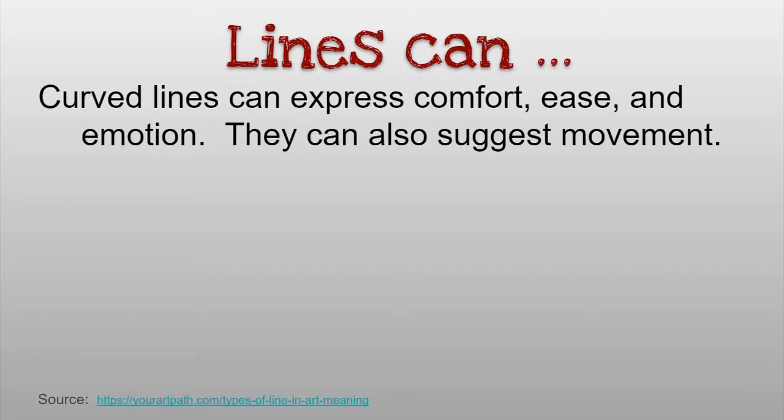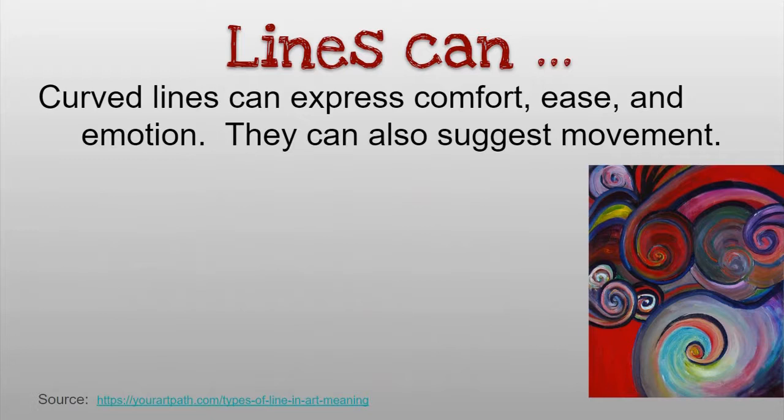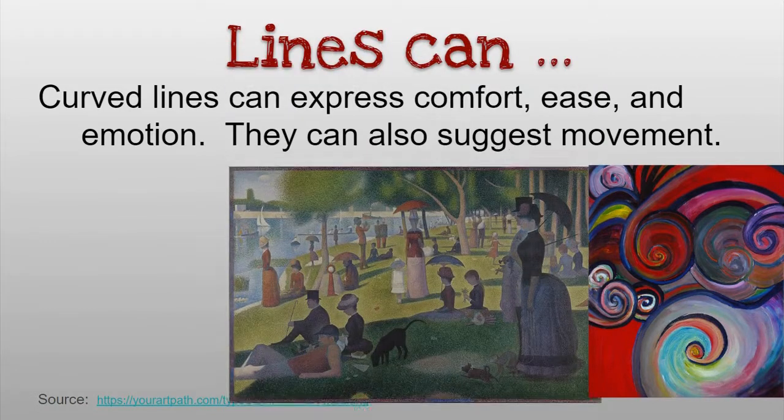Curved lines can express comfort, ease, and emotion. They can also suggest movement. When you look at this picture, what do you feel? Do you feel happy? Do you feel love? Does it look like the swirls are moving? Does this picture convey a sense of peace?